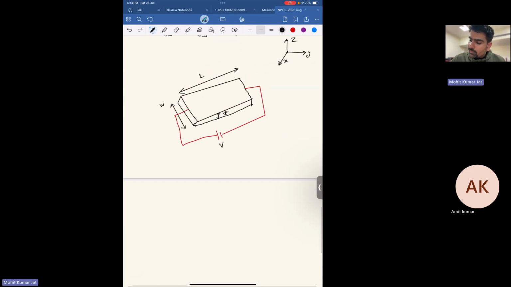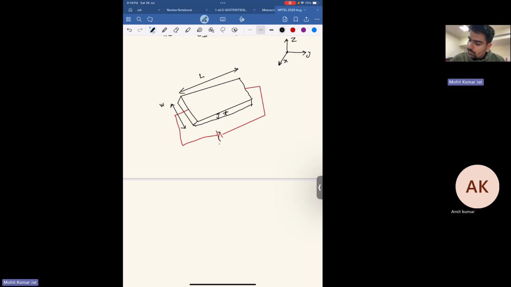Now the carriers will be moving. Since you applied this voltage, the positive side on this end, the electron will be moving in this direction. Or if I just change the polarity of the battery, then I'll be consistent with my notations. So I'll just change the polarity of the battery.